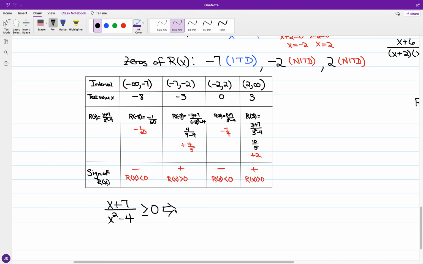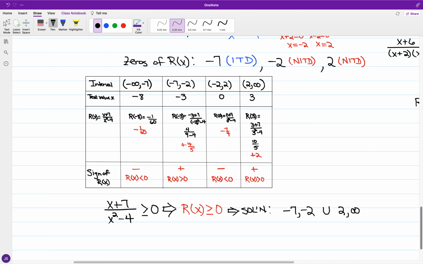You already had this lined up in comparison to 0, so we're looking at where r of x is greater than or equal to 0. We'll have the same direction as where r of x is greater than 0, involving the limit values negative 7 and negative 2, as well as 2 and infinity.